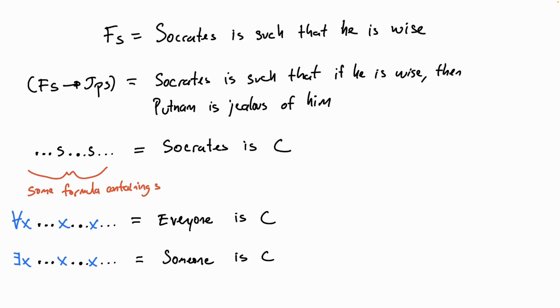In general, that's how quantifiers work. When you universally quantify on a name, you're saying that everything meets the condition that was previously being applied to just the name thing. Whereas when you existentially quantify on a name, you're saying that at least one thing meets the condition that was previously being applied to just the name thing.